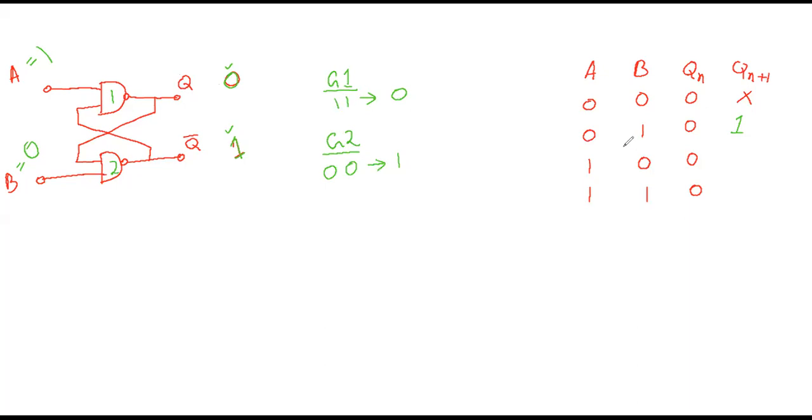So what I assumed, Qn is equal to how much? 0. So Qn plus 1 will be? No, it remains 0. So Qn plus 1 will remain 0. Okay. Yes, sir.